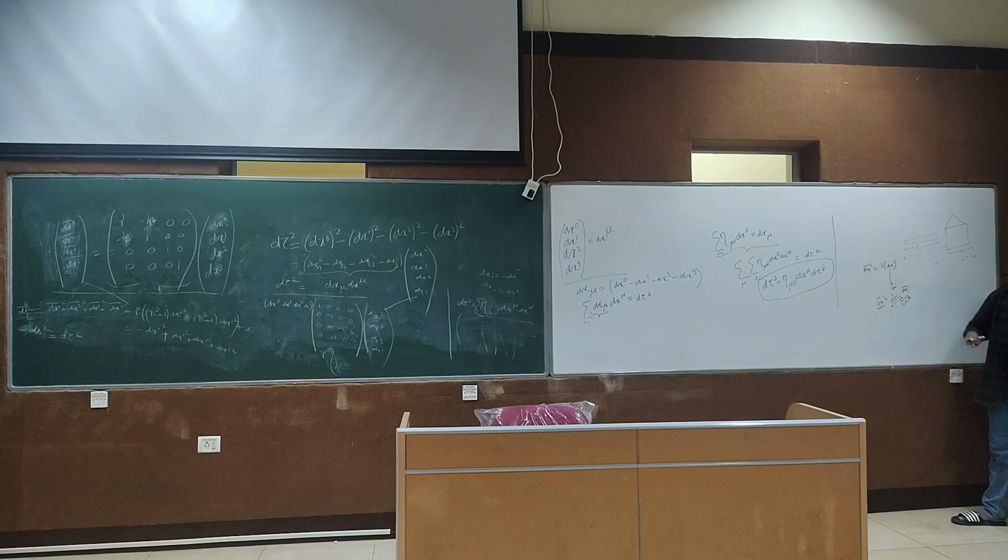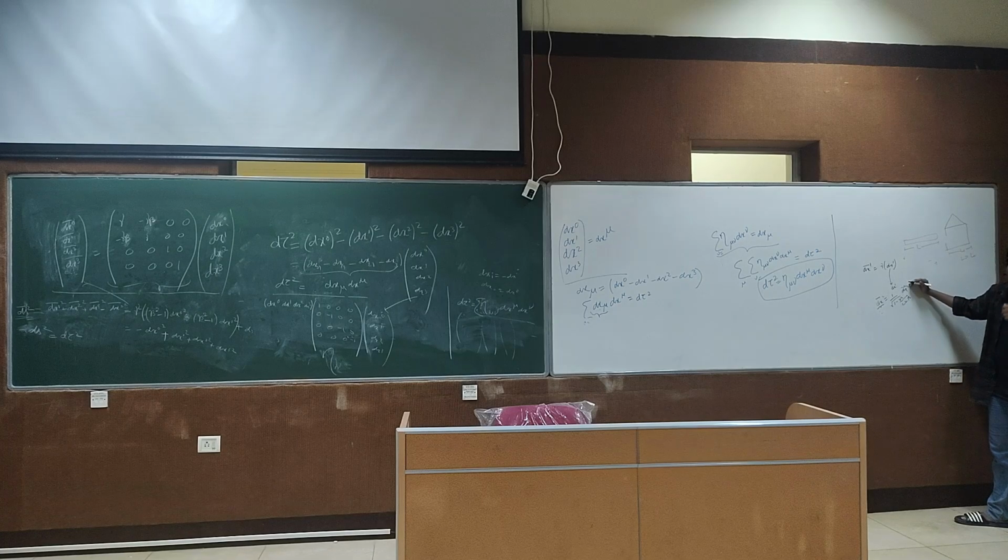So the rod is moving at speed v with respect to you. And dx prime is the length measured with respect to the rod. You get it? The length of the rod measured with respect to the rod is the actual length of the rod.